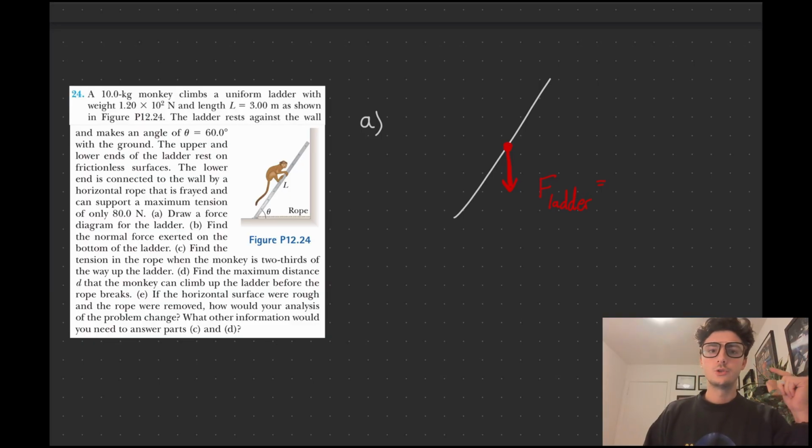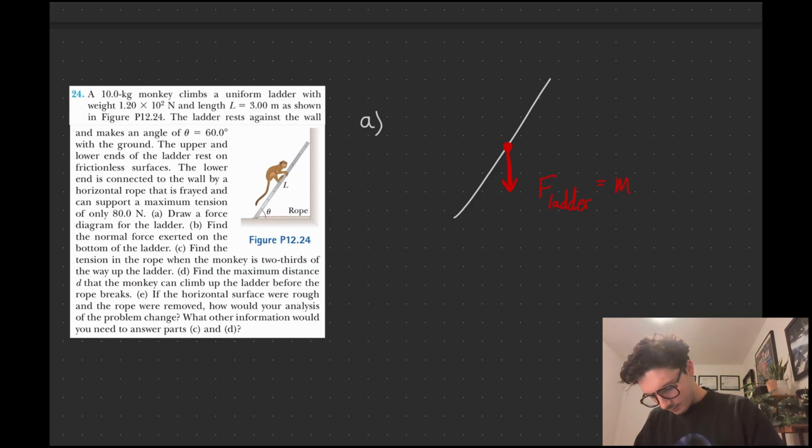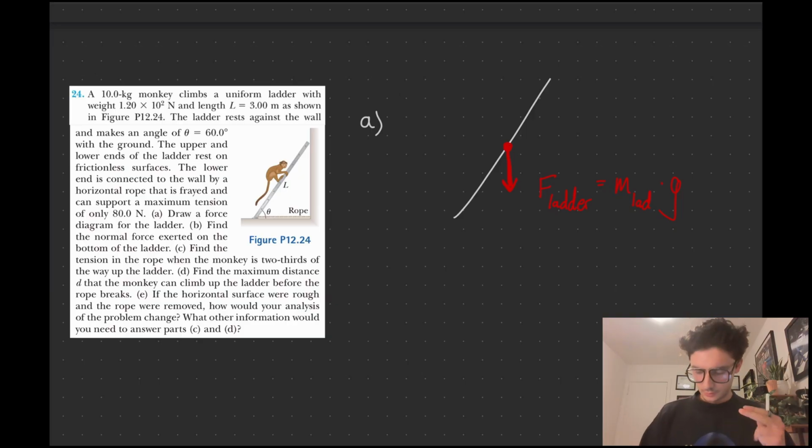In this case, acceleration is due to gravity, and the mass of the ladder is actually given to us, but I'm going to just write mass of ladder times g. So force is equal to mg, the mass of the ladder, which is given to us, and g is 9.81 meters per second squared. This gives us a force in newtons.